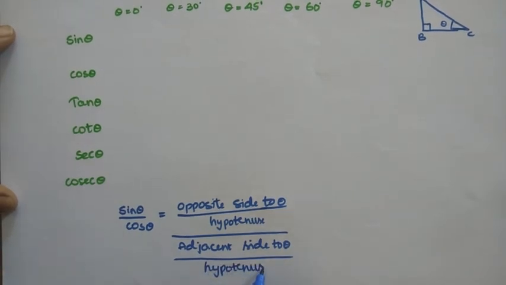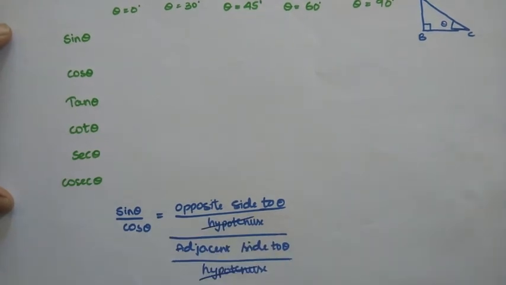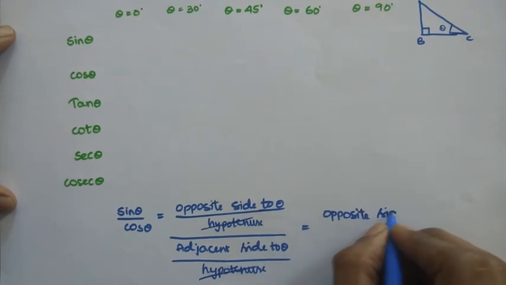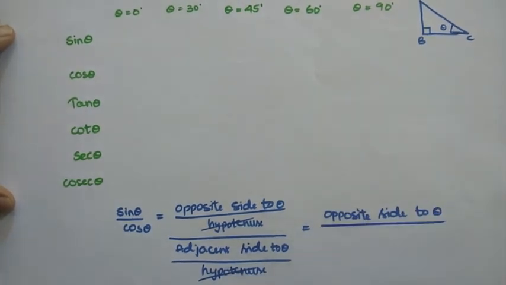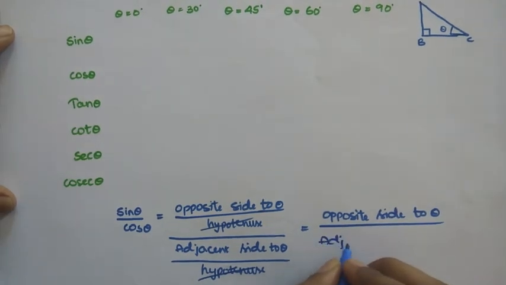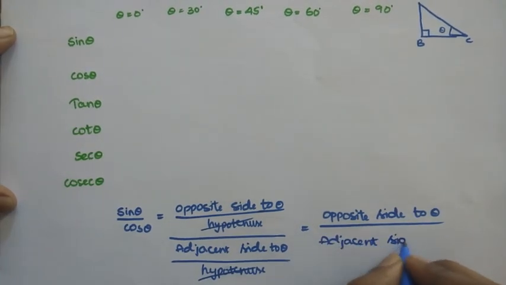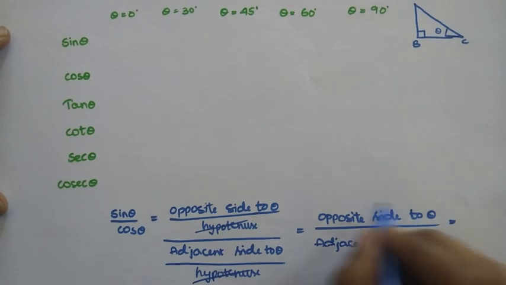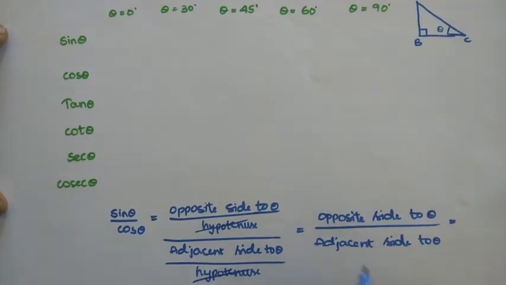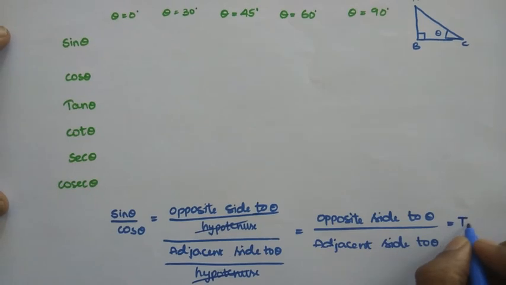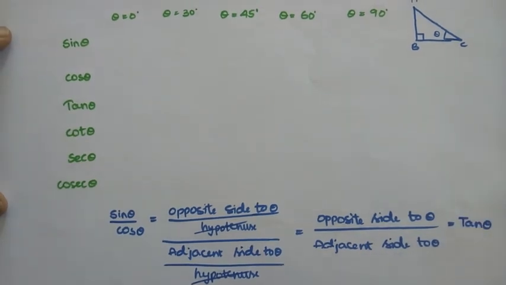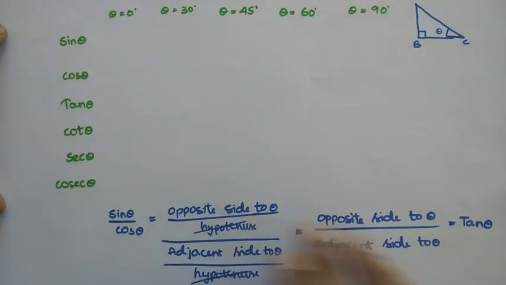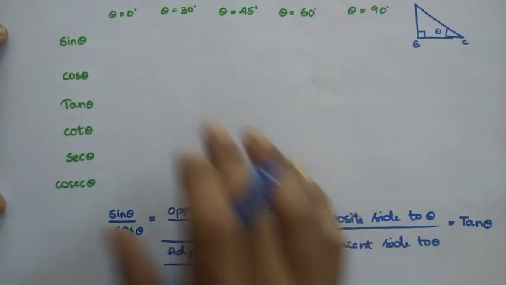Hypotenuse and hypotenuse get cancelled, so the answer will be the opposite side to theta by the adjacent side to theta. If there is a ratio like this, opposite side to theta by adjacent side to theta, we can write it as tan theta. So sin theta by cos theta is nothing but tan theta. Remember this. I'm going to use this concept while filling this table.